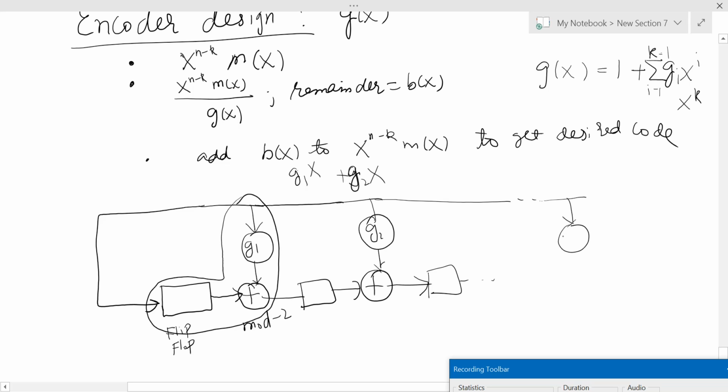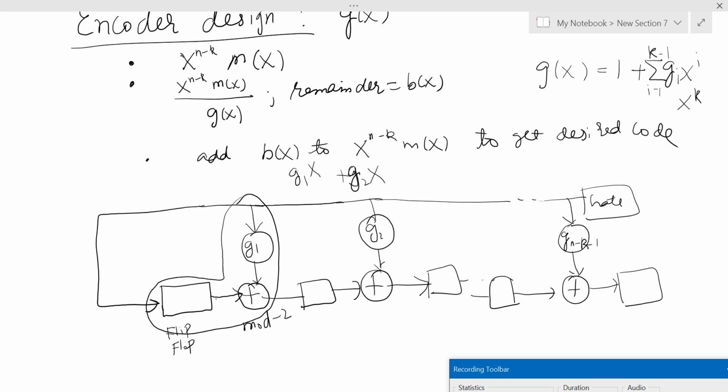So then you have here g of n minus k minus 1, then we have a gate here, and when the clock ticks and it shifts, this is equivalent to the division operation of x to the power n minus k, m of x by g of x.